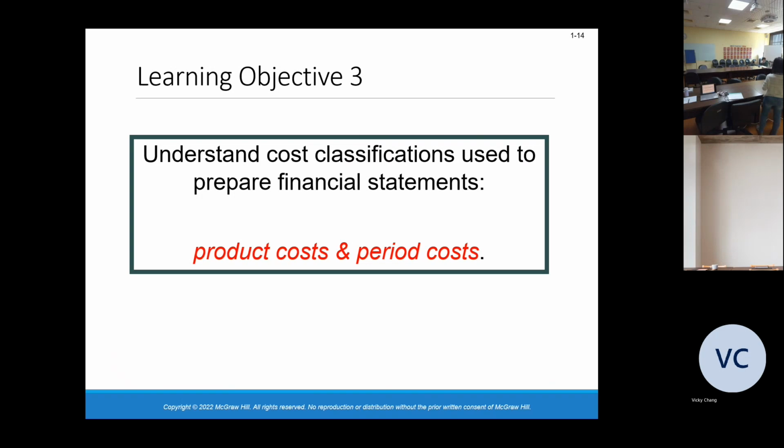Product cost, yeah, the product itself. So what are product costs?